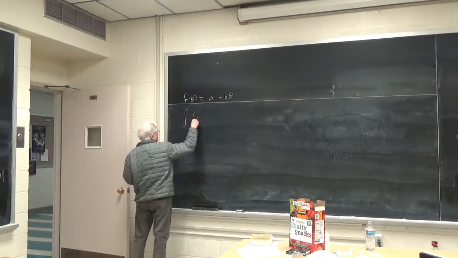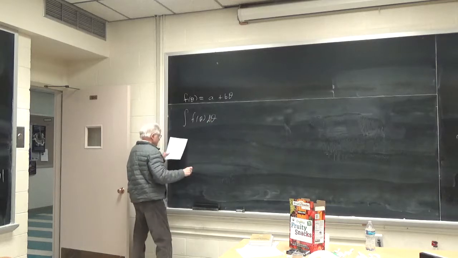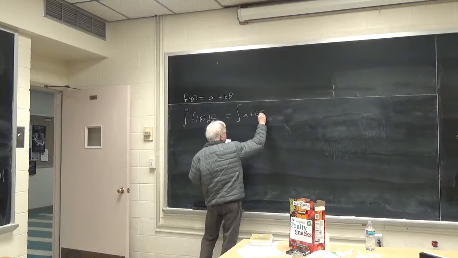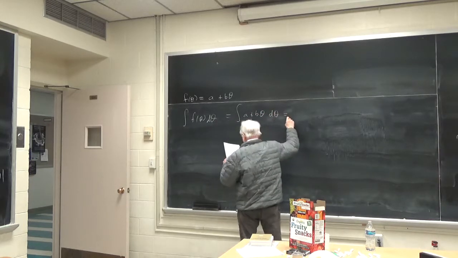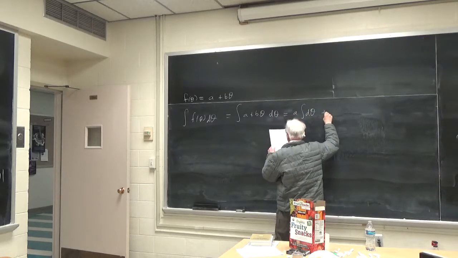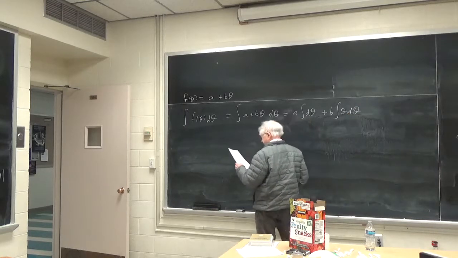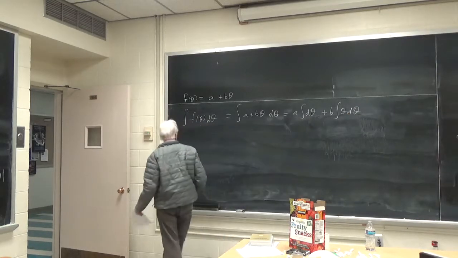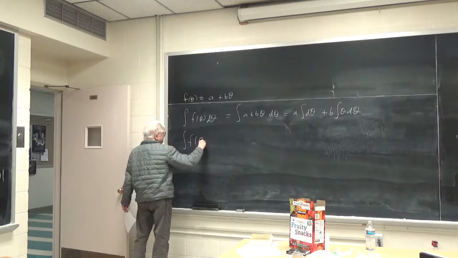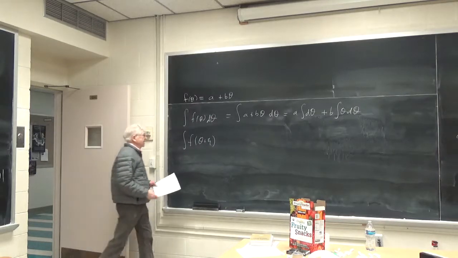And you'd like the integral of f of theta d theta, which then would be an integral of a plus b theta d theta. This is going to be a times the integral of d theta plus b times the integral of theta d theta. And what you really want is for this thing to have nice properties when you shift.